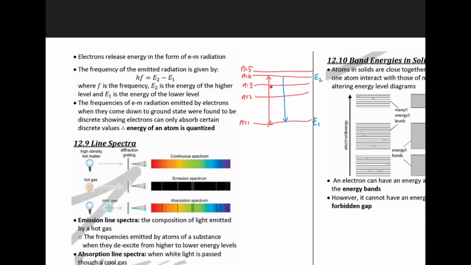That means to reach this level, they have to absorb 1900 joule. From 100 joule, absorb 1900 to reach this level, which is 2000 joule now. So now when they come down, they have to release 1900 joule as well.